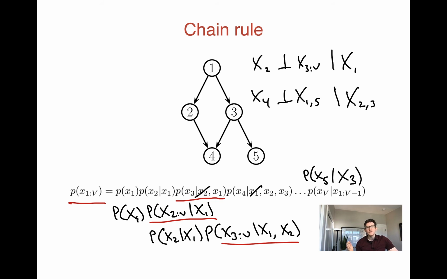So this is just to convince ourselves that if someone gives us a network and those conditional probability tables, they've also given us a full joint distribution over our random variables.